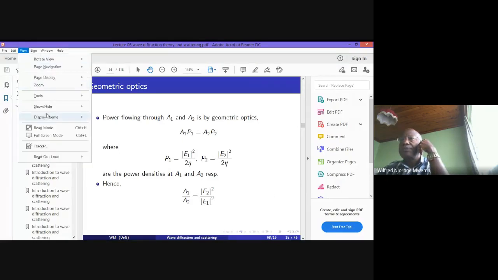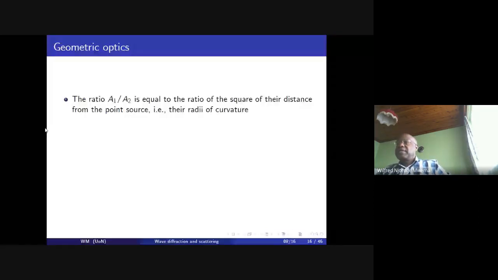So today we say that the ratio of A1 to A2 should be equal to the ratio of the squares of their distances, because for spherical surfaces, A1 would be 4 pi R1 squared, and the other one would be 4 pi R2 squared. Therefore, their ratios are the square of their radii of curvature.